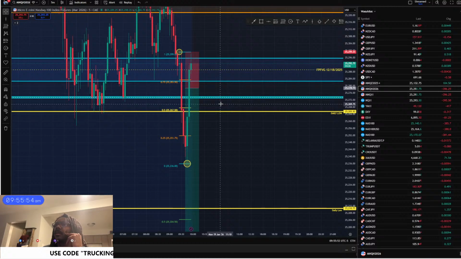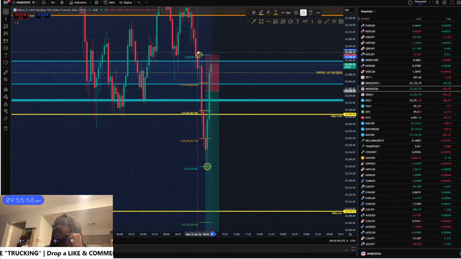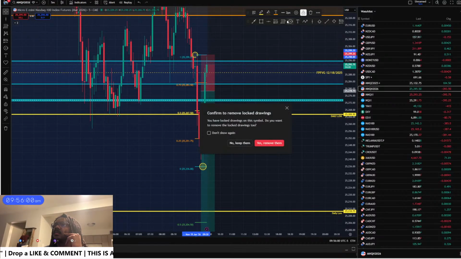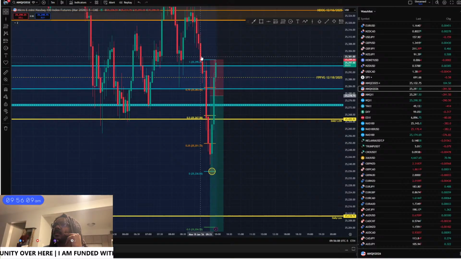Let me make sure I'm not missing anything. This could just be the actual reversal, but we have a potential little breakaway gap right here.